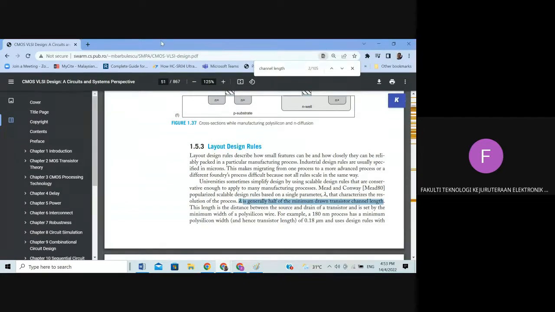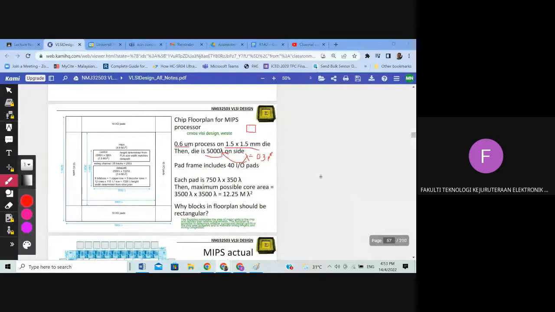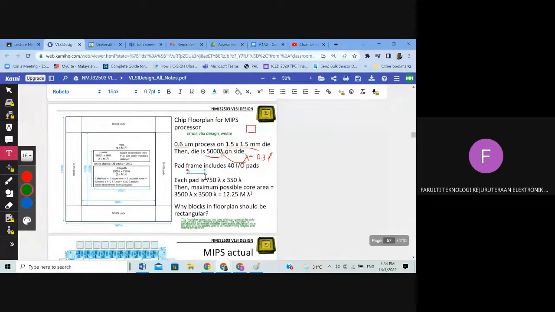Then from there, 1.5 millimeter is equal to 1,500 micrometer.